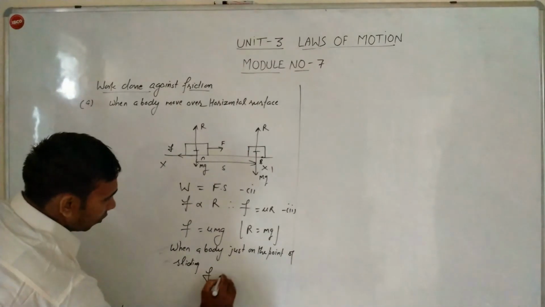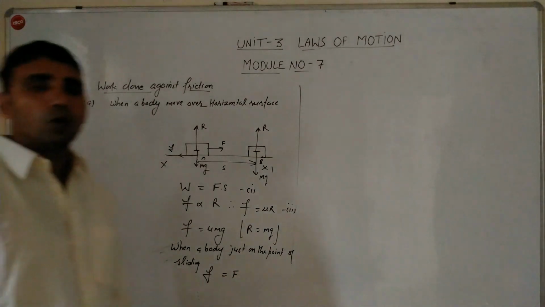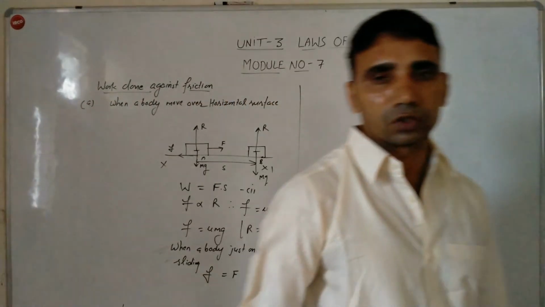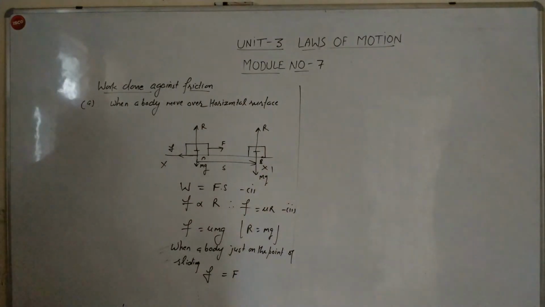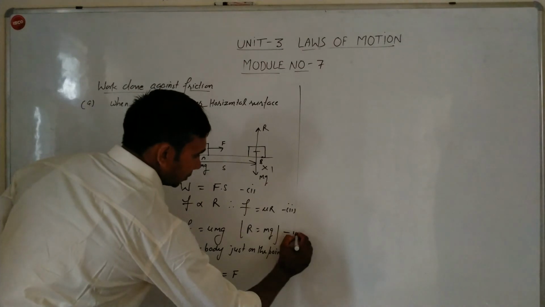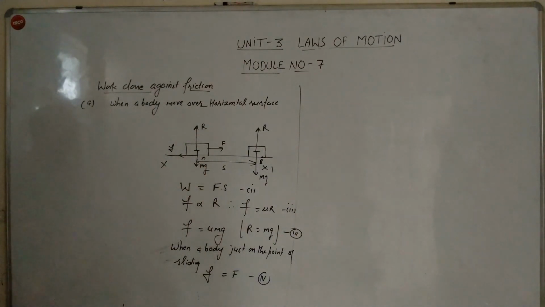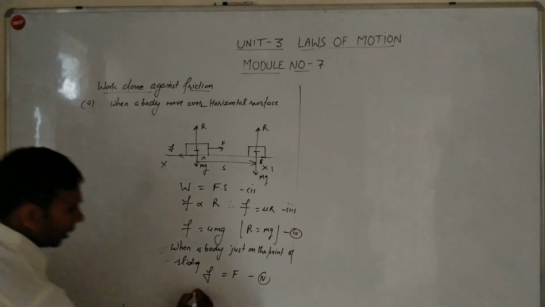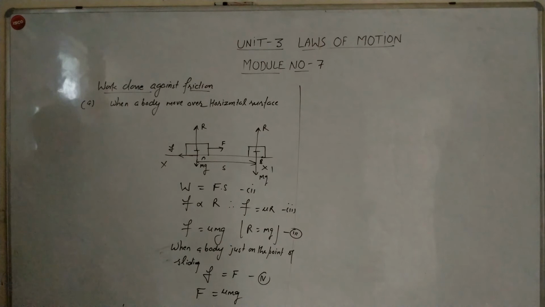the frictional force is equal to the applied force. From equations 3 and 4, we can say that F is equal to mu mg.